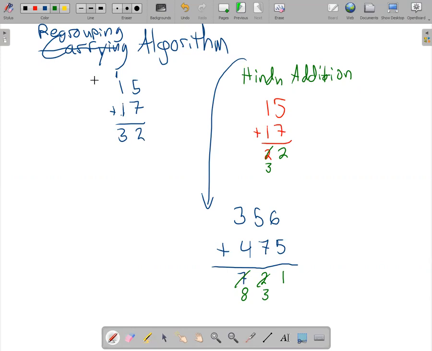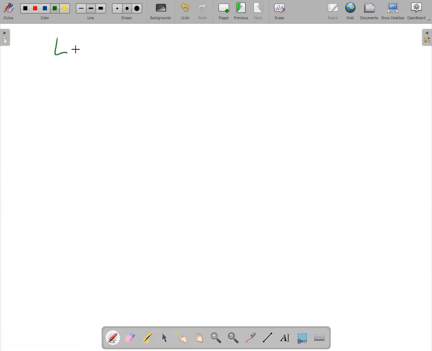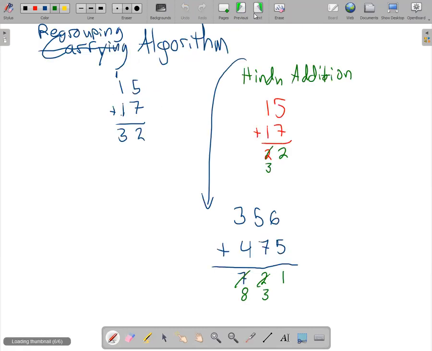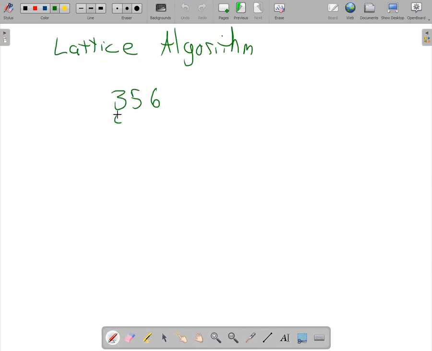Here's a really cute method I love. This is called the lattice algorithm for addition. So what was that? 356 plus 475.